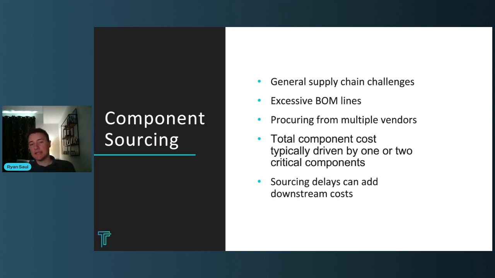And then sourcing delays add downstream costs. Again, this shouldn't be a surprise to any of you who've been in the industry, but when something is hard to source or will be driving lead time, it adds potential downstream cost to your entire build.